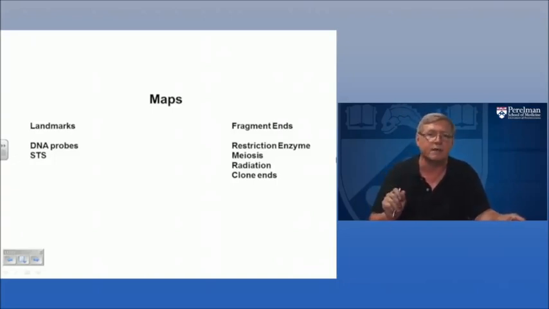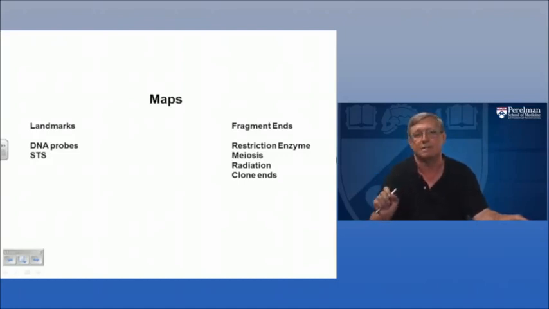The generation of fragment ends can be done in a number of different ways depending on the kind of map that one is constructing. They can be generated by cutting the DNA with a particular restriction enzyme, which is a DNA endonuclease that recognizes specific stretches of bases along the DNA molecule. They can be generated in vivo, meiotically, by using the meiotic recombination system of the particular organism that you're studying.